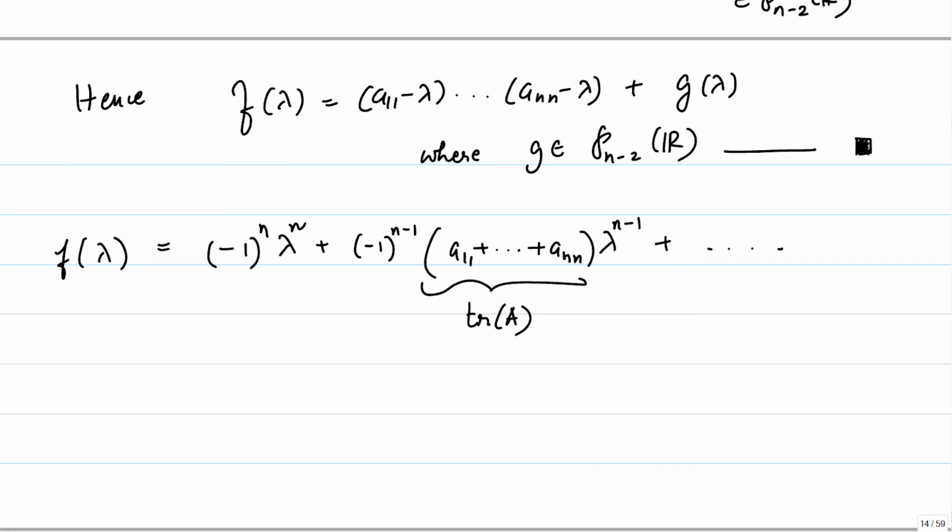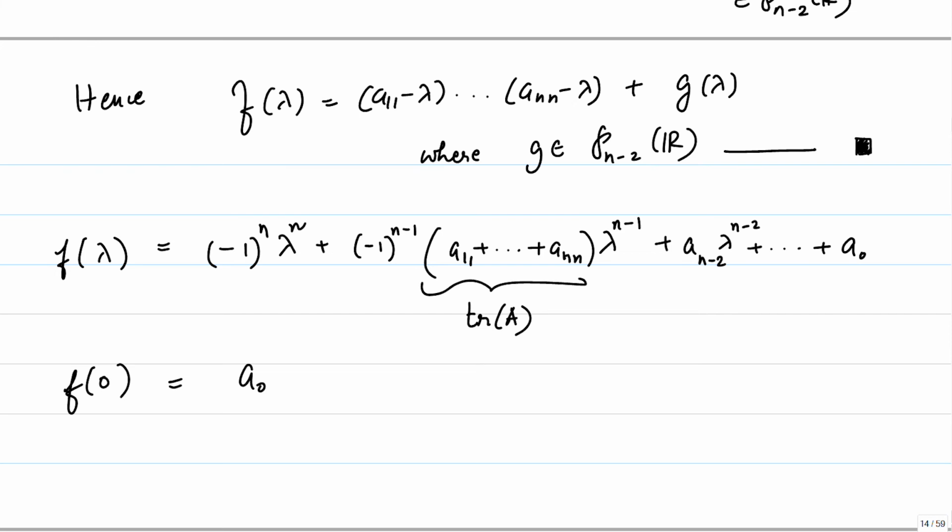So that's good. In fact, the remaining terms, if I have to write it out, something like a_{n-2} lambda to the power n minus 2, plus up to a0. Suppose this is our f of lambda. So what is f of 0? F of 0 is just going to be equal to a0.